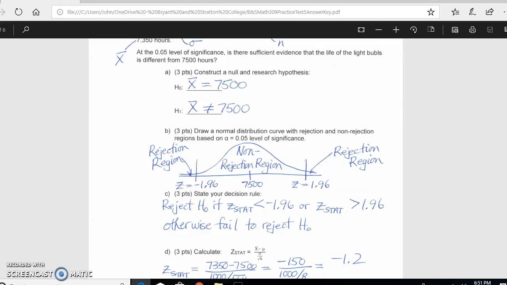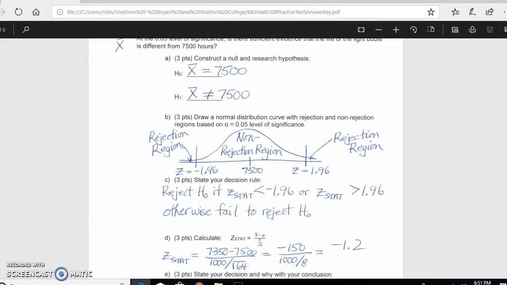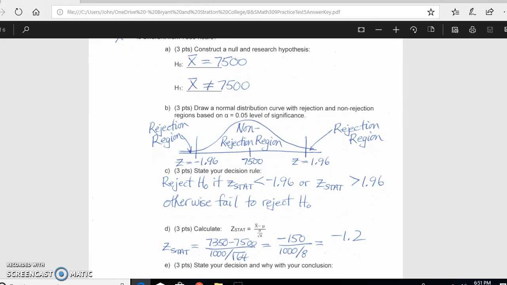So on letter D, now we're going to calculate the z-stat, and you have the formula here for the z-stat. It is the x bar, the sample mean of 7,350, minus the population mean, the mu of 7,500.